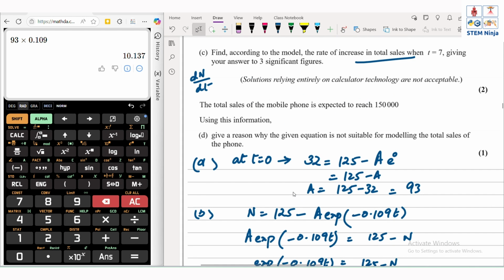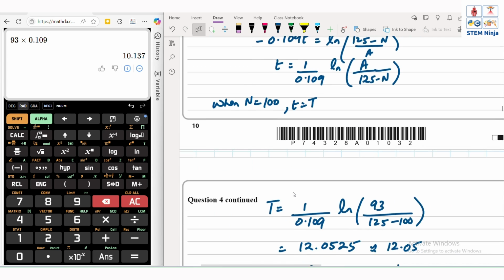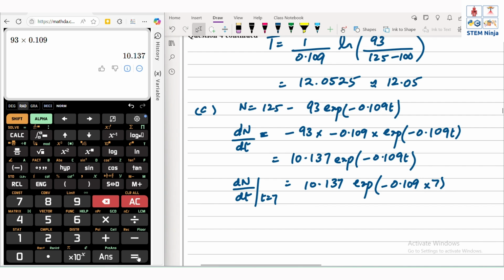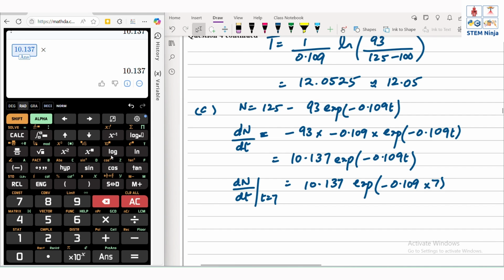Now, when t is equal to 7, that's what the question was, right? Okay, t is equal to 7, so 10.137 exponent minus 0.109 times 7.